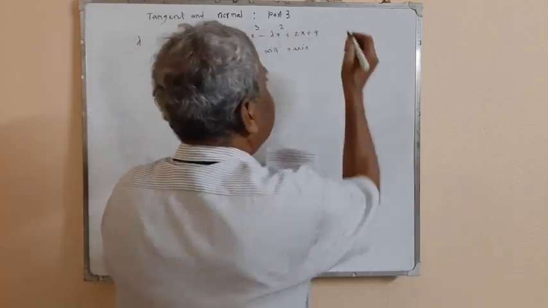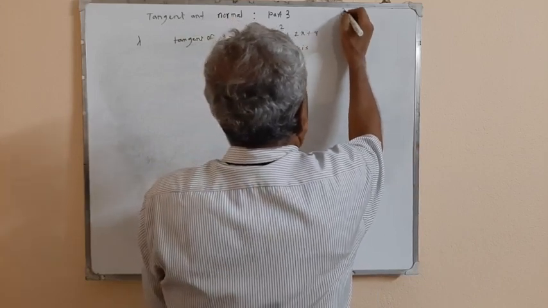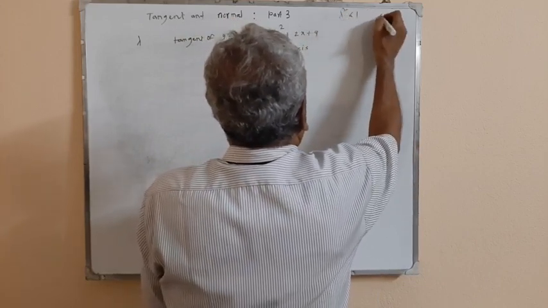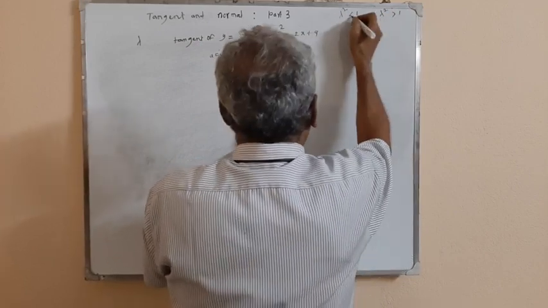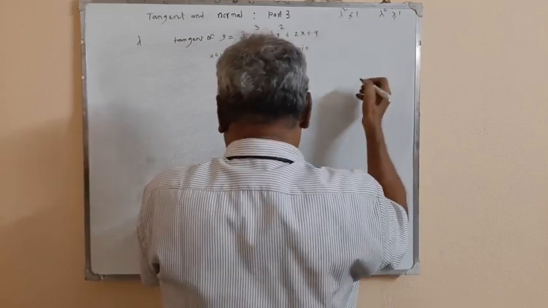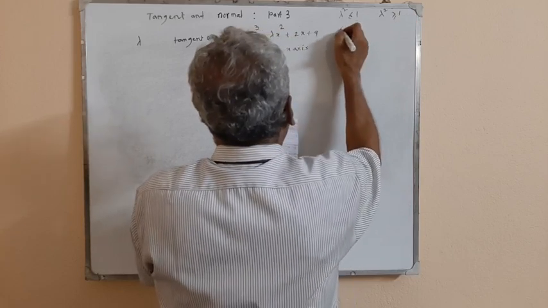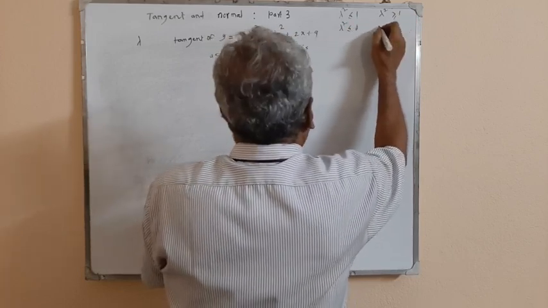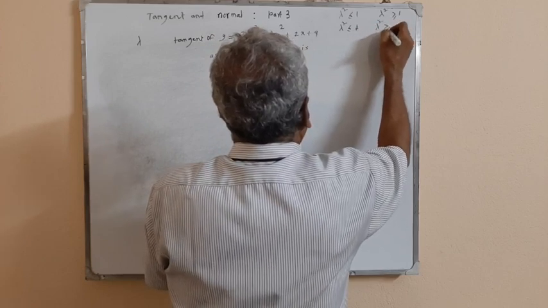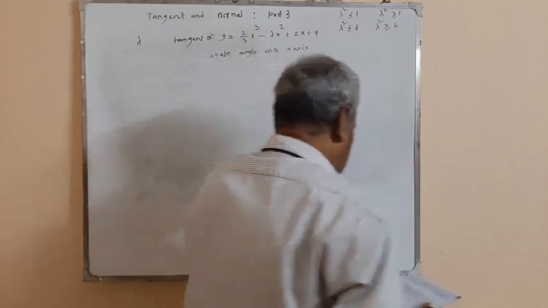Options are lambda square is less than 1, lambda square is greater than 1, lambda square is less than or equal to 4, and lambda square is greater than or equal to 4.